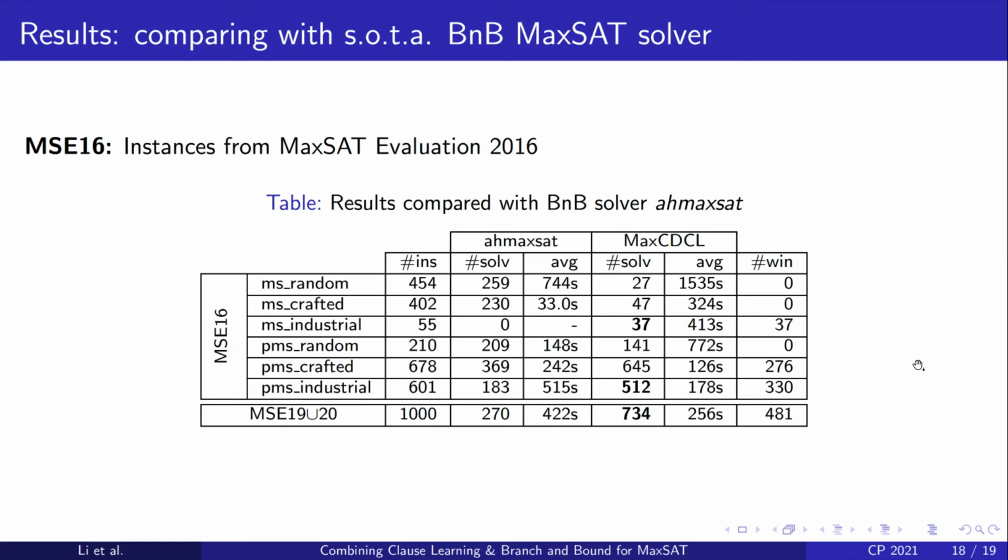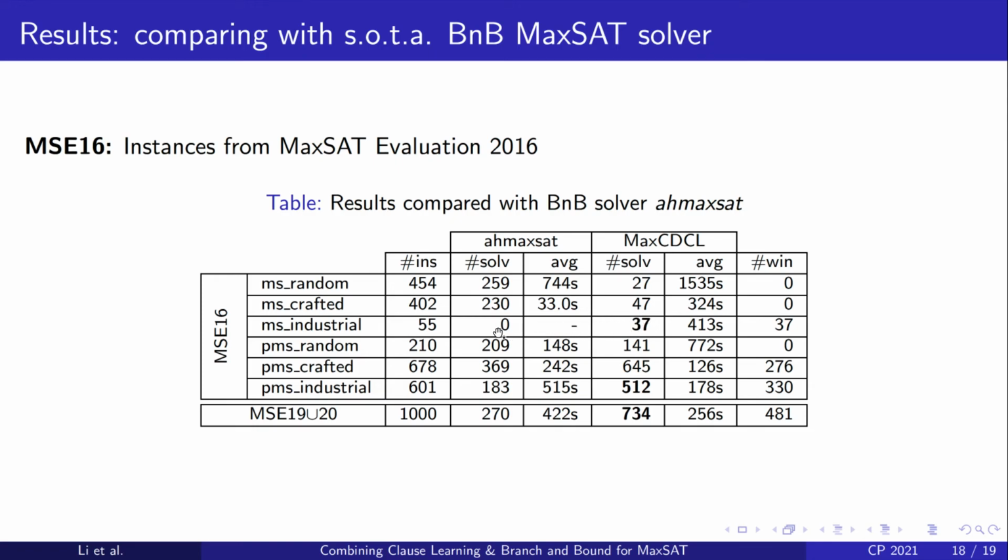And finally, in this last table, we compare our solver with another existing branch-and-bound MaxSAT solver. It is MaxSatz, which won many tracks in the last MaxSAT evaluation where branch-and-bound MaxSAT solvers participated, which was year 2016. And in that edition, there were specific tracks for MaxSAT and partial MaxSAT, and for random, crafted, and industrial instances. What we can observe is that MaxCDCL is better at solving instances from the industrial tracks.